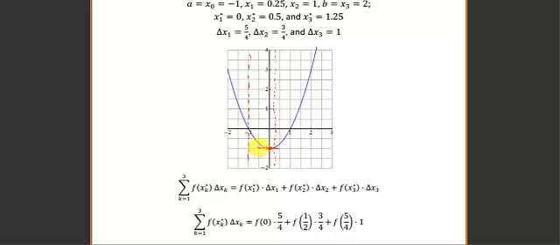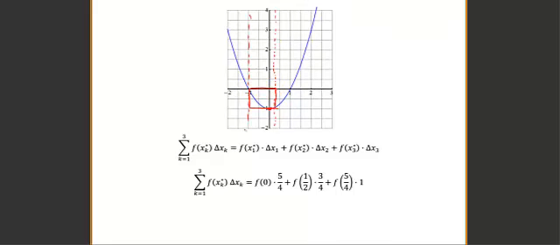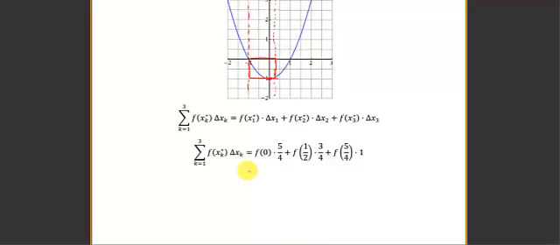So I have a rectangle that hangs down below the x-axis 1 unit and is 5/4 of a unit wide. So this will be negative 1 times 5/4. Notice that this gives me a negative number, because that rectangle is below the x-axis.